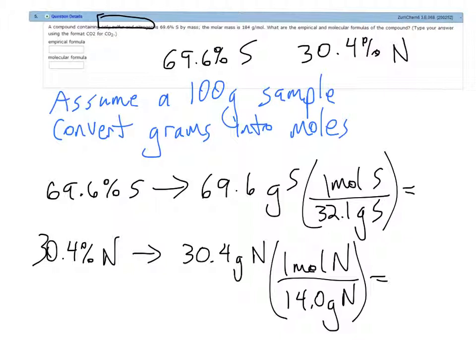And by crunching those numbers, I'll take 69.6 divided by 32.1, and I get 2.17 moles of sulfur. And I'll also take 30.4 and divide it by 14, and lo and behold, it works out to be the same number of moles.